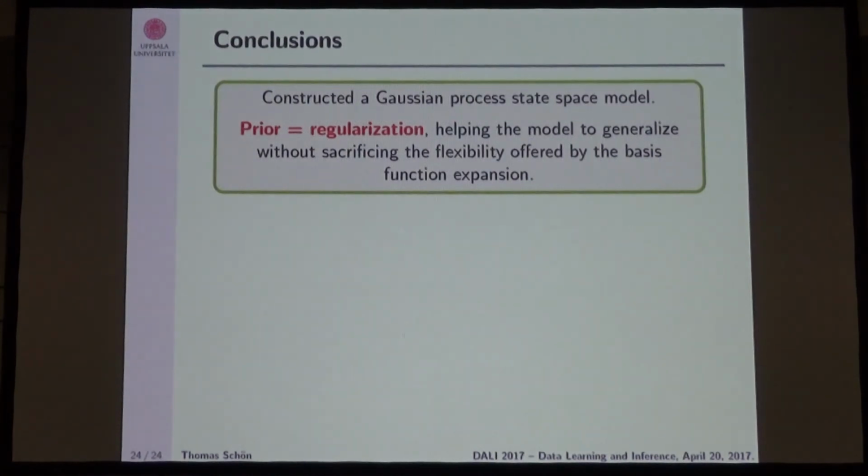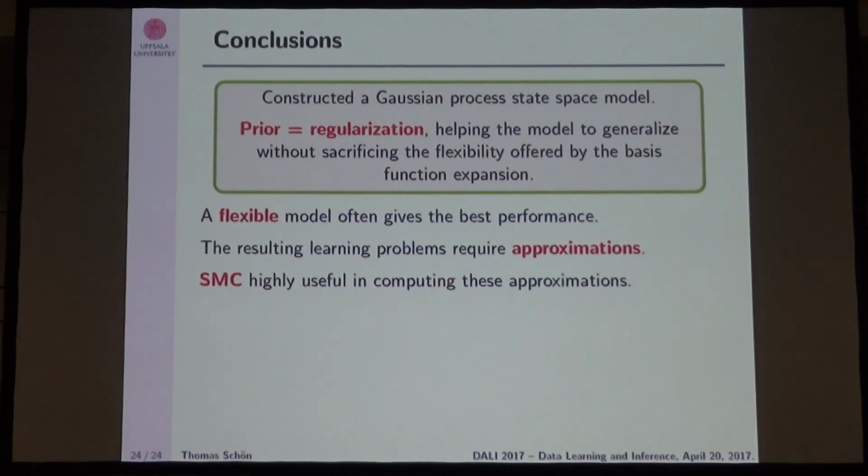Let me conclude. What we did here was to construct the Gaussian process state space model. Alternatively, you can use this as a way of regularizing. A flexible model is indeed a good way of getting performance. I think this shows that yet another time. We need approximations of some sort.